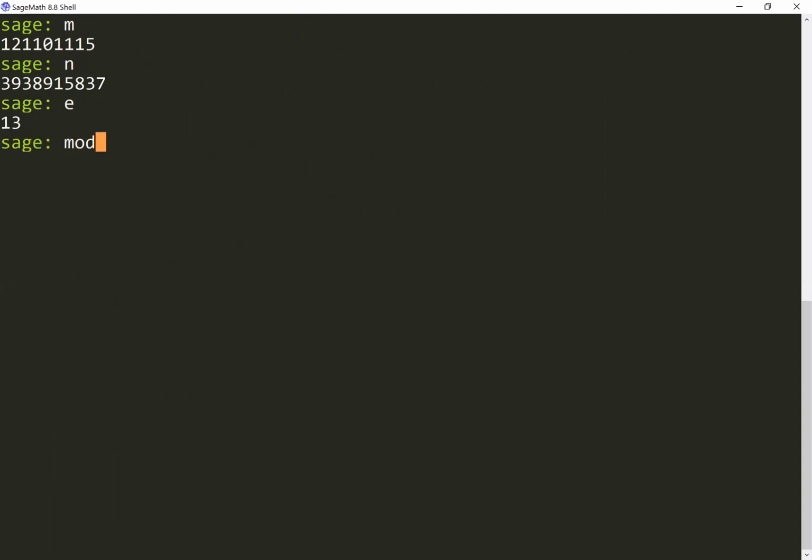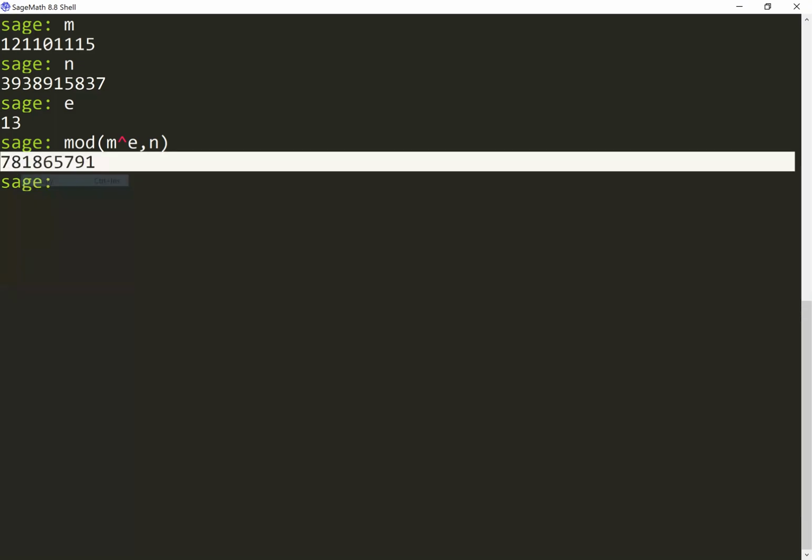We want the remainder of the message m to the power e mod n. So this gives you the remainder, the encoded message by Bob. Let me copy this.